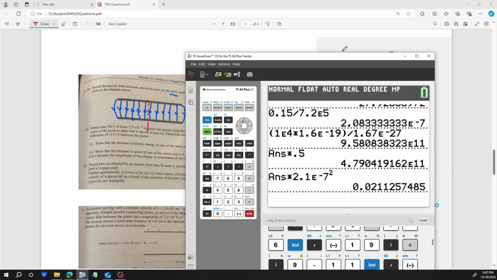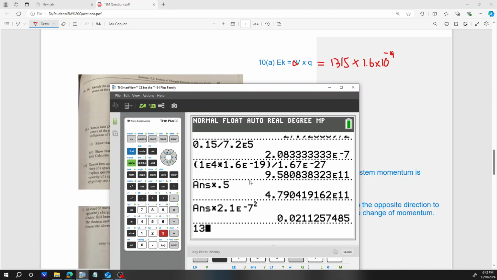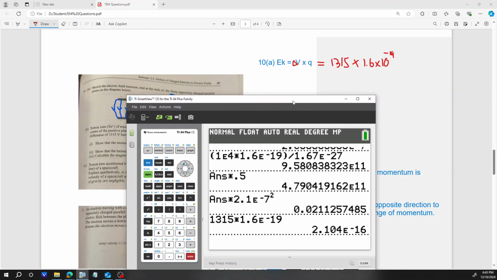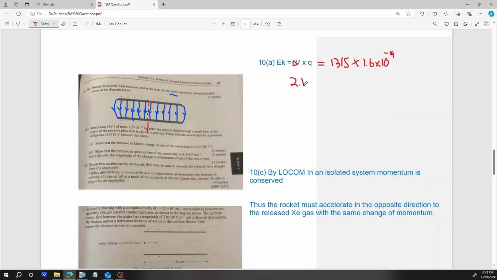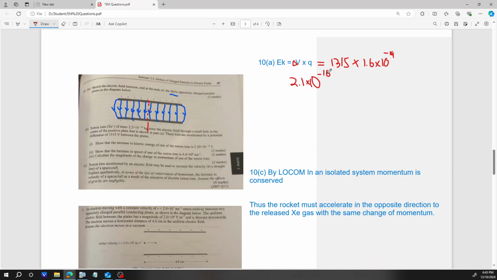Right, that should do the job. So 2.1 is 4.10 to the minus 16. Yep.